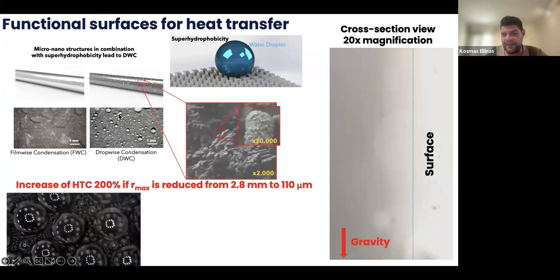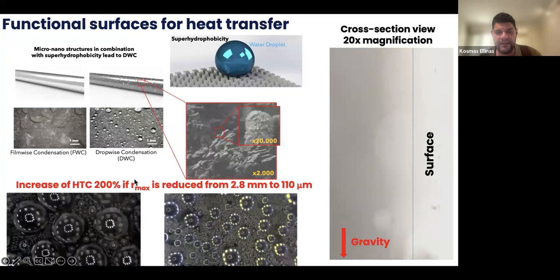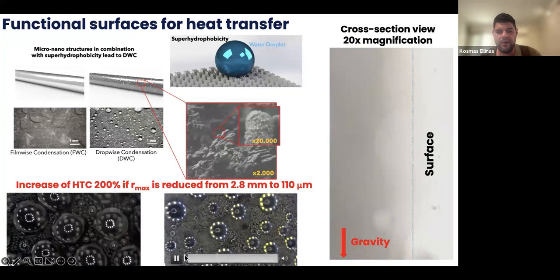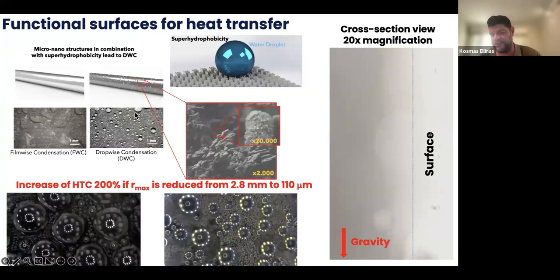So by making them rough and super hydrophobic, instead of having a film formed on this kind of surfaces, we have drops. In this way, if the size of the drop is reduced, let's say, from 2.8 millimeters to 110 micrometers, by using this rough topography, you have a 200% increase in the heat transfer coefficient.